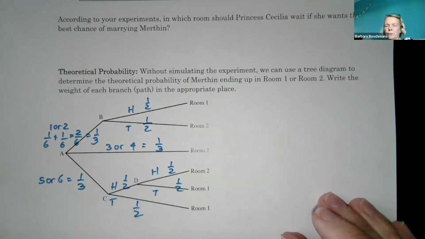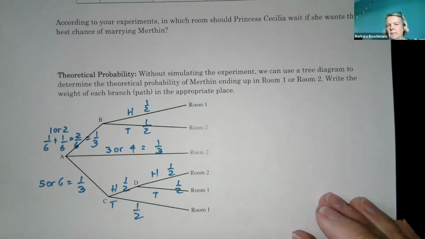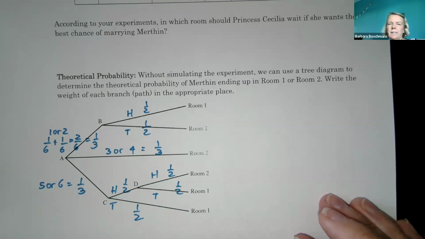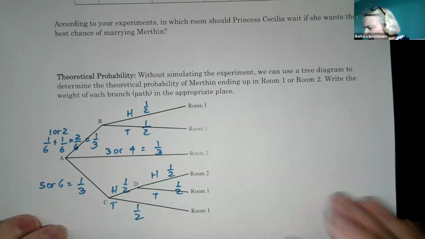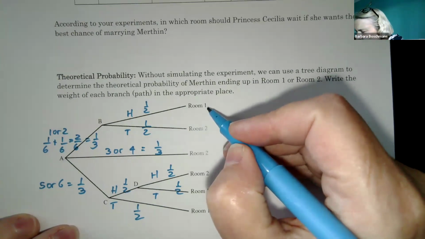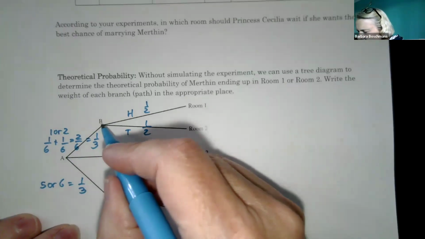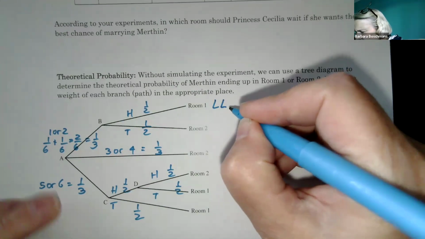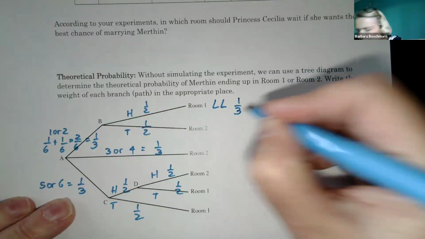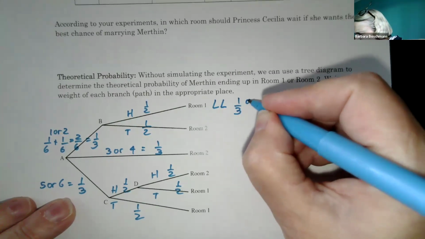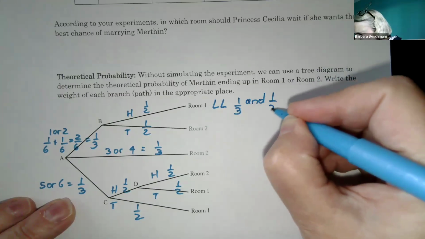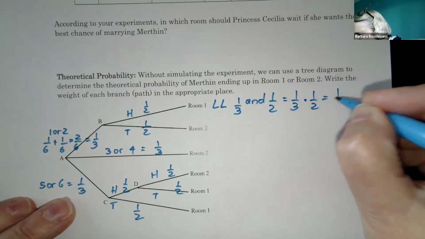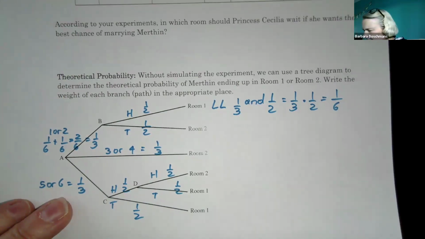So what we've done now is we've put weights on the branches. If you have different probabilities, then the branches can have different weights. So if you get into room 1, A to B, and you go left and left, the first left has a probability of 1/3, and then you had heads, which is 1/2, which will be 1/3 times 1/2, which is 1/6.